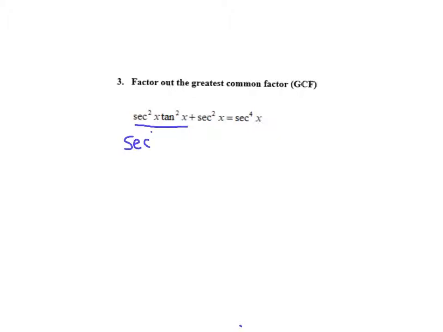So we have secant squared x. We divide the GCF out of the first product there, and we get just tangent squared x. When we divide secant squared out of secant squared, we get 1. Then we notice, remember, you have your Pythagorean identities right by your side at all times.